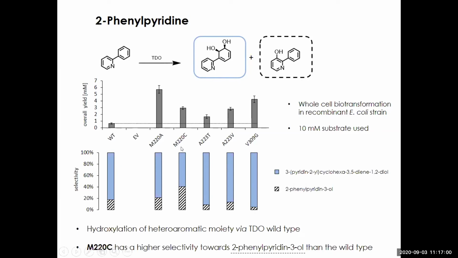And with the variant M220C, we could even push it a little bit into the direction of the heteroaromatic hydroxylation. And you see again, there are variants that are increasing the product formation by 6 to 7 times.